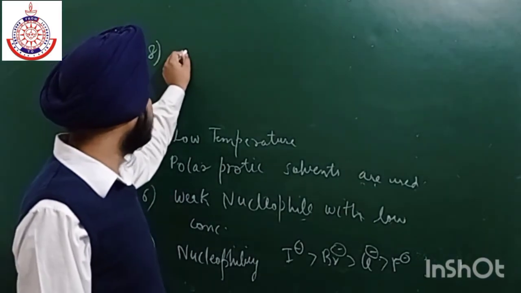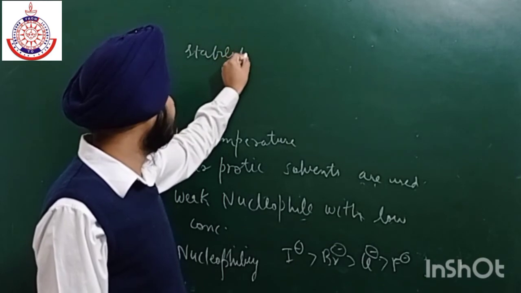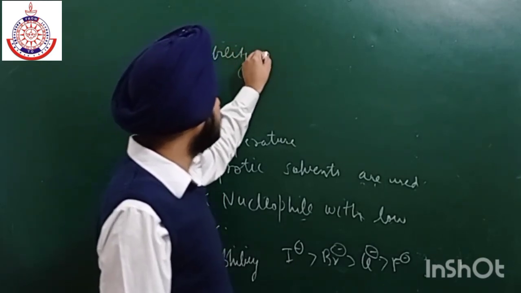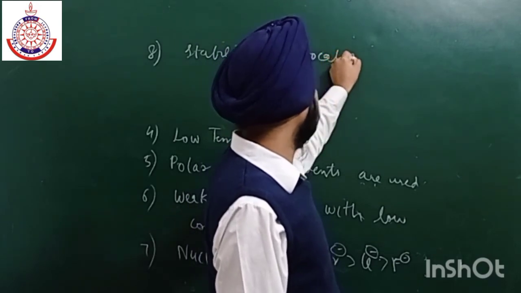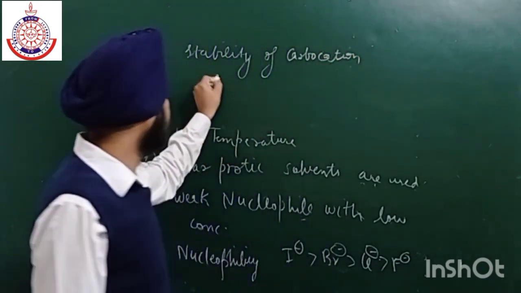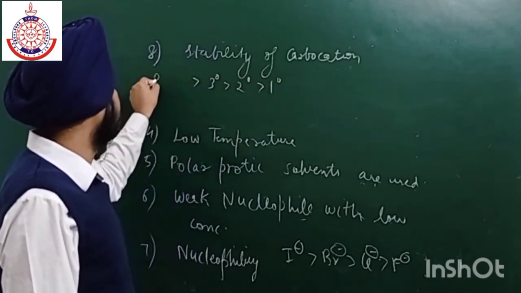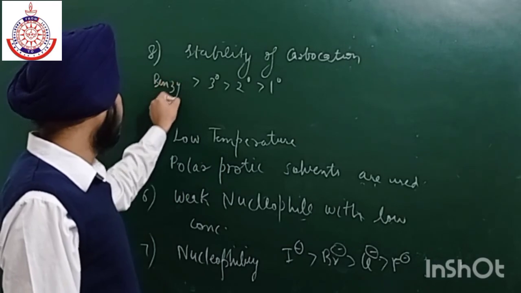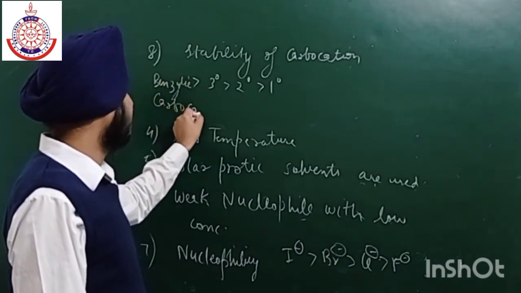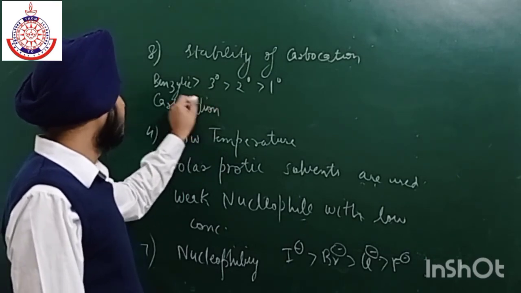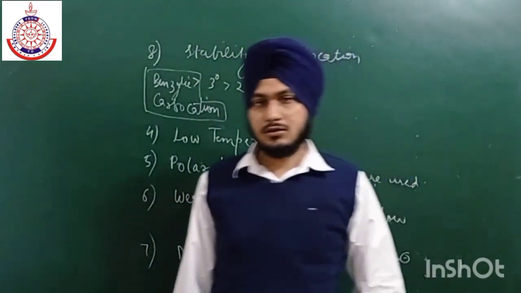As we all know, the stability of carbocation is 3 degree greater than 2 degree greater than 1 degree, and even more than that is the benzylic carbocation. So if there is a possibility of benzylic carbocation formation, then the benzylic carbocation is formed, and rearrangement also takes place.